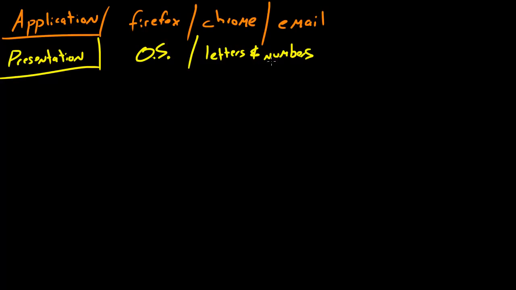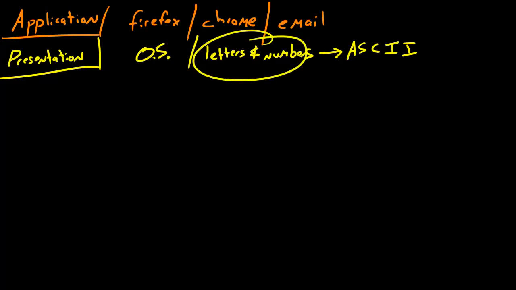But that isn't the language that your computer can understand. Your computer actually, one of the languages that it understands is something called ASCII. And we'll talk about different languages and stuff like that later on. But this is basically a very simple language that your computer can understand because it can't understand English like you can. It needs its own special thing.